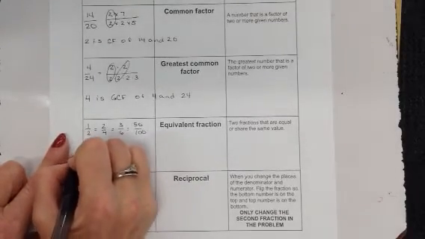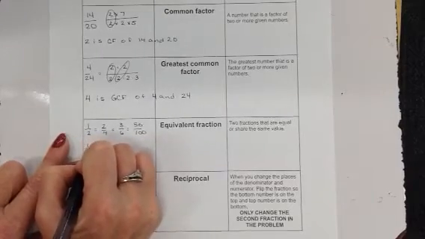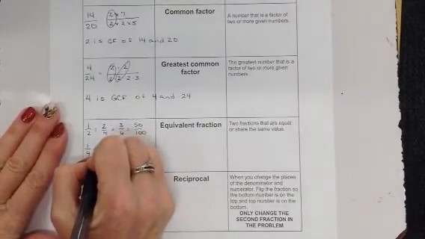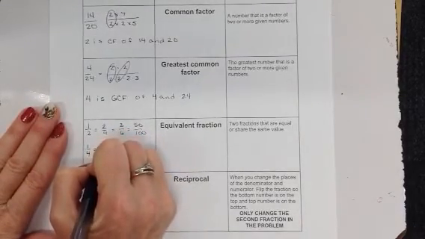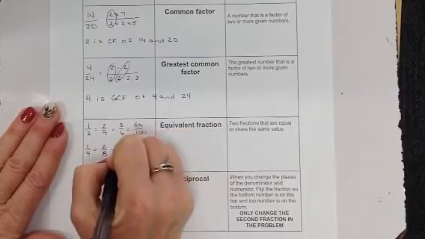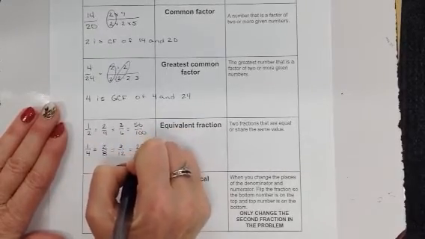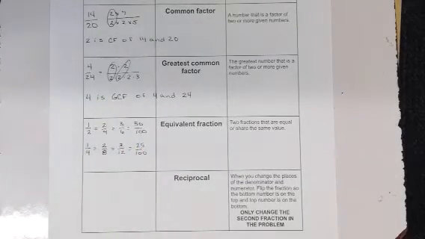Can you write down a couple equivalent fractions for 1/4? Some of you may have gotten 2/8. You may have gotten 3/12. You may have even gotten 25/100. There are so many more.